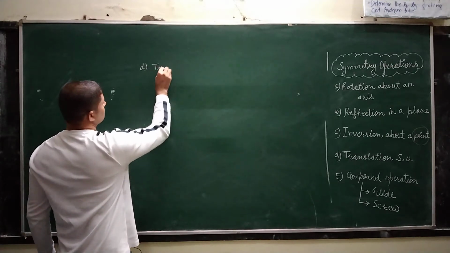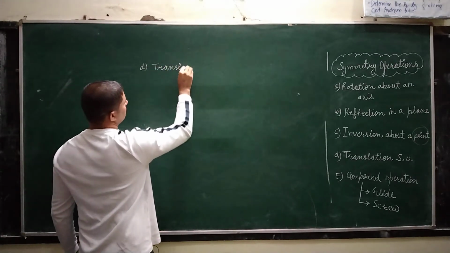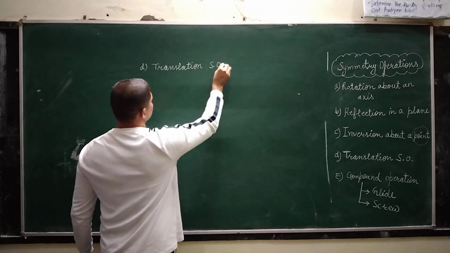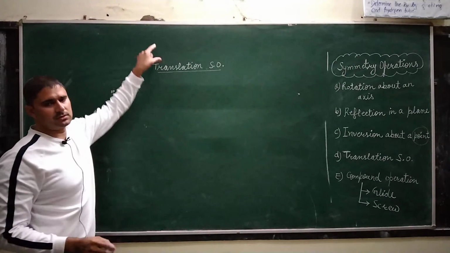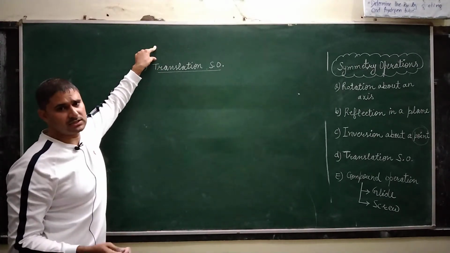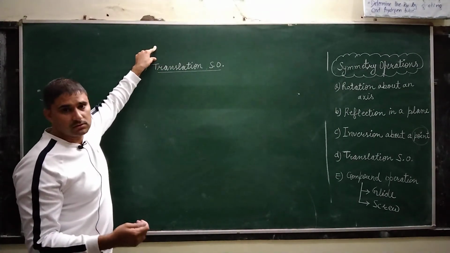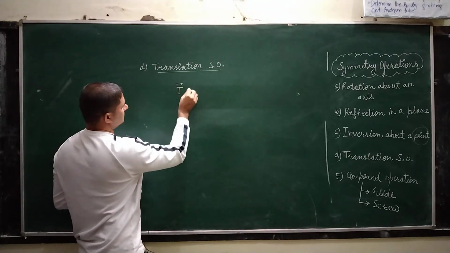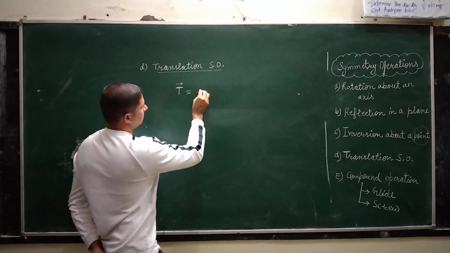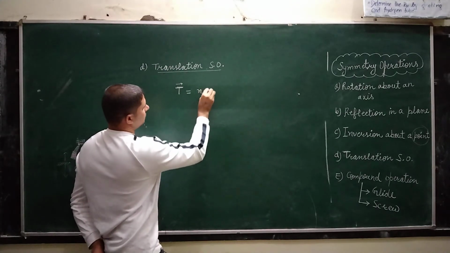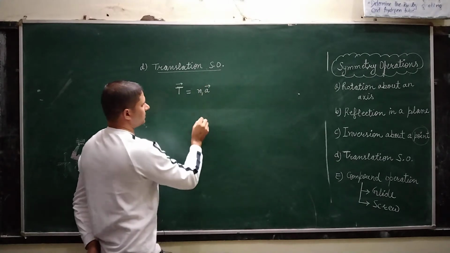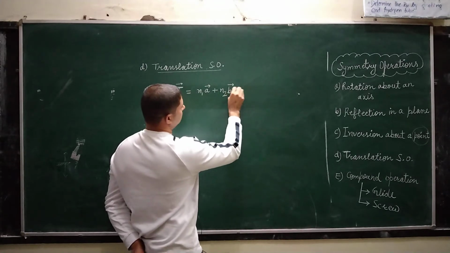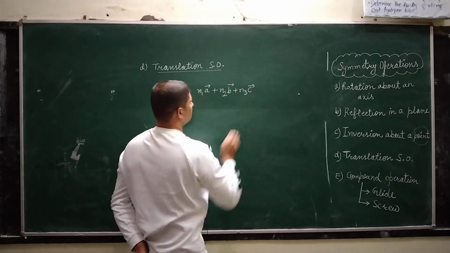The translation symmetry operation is nothing but simply a translation operation. So class, you know the translation vector T is given by n1 times the primitive vector A plus n2 times vector B and n3 times vector C.